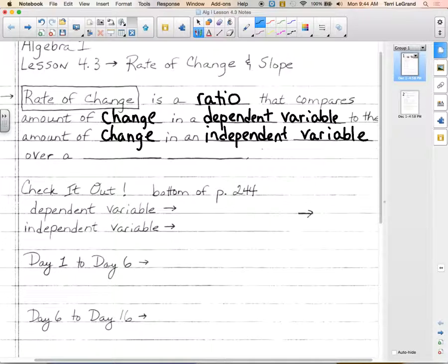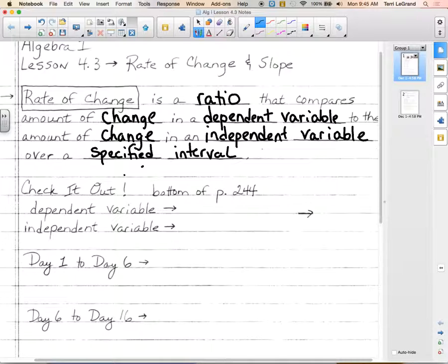And this change of the dependent variable to the independent variable is over a specified interval. So when we're talking about rate of change, we're usually talking about from a certain point to another point, a specified interval.